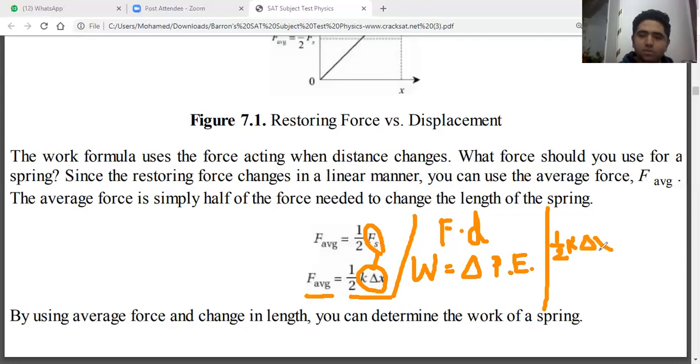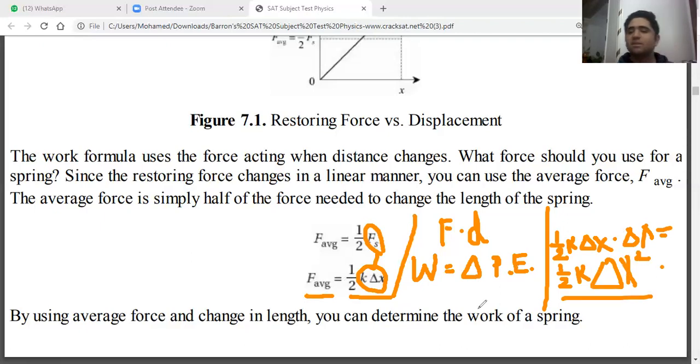That's the force. What's the displacement? Delta x. So when you multiply that, you get half k delta x squared. That is equal to work. It's equal to the change in potential energy of the spring.